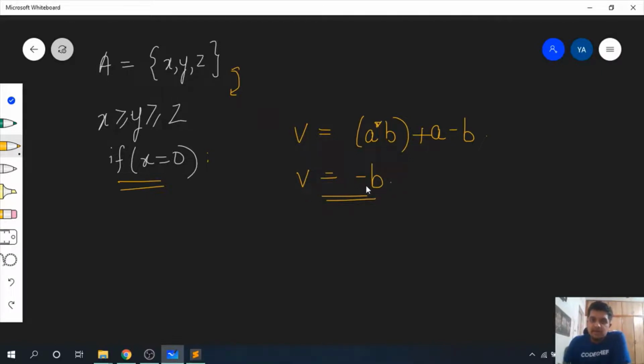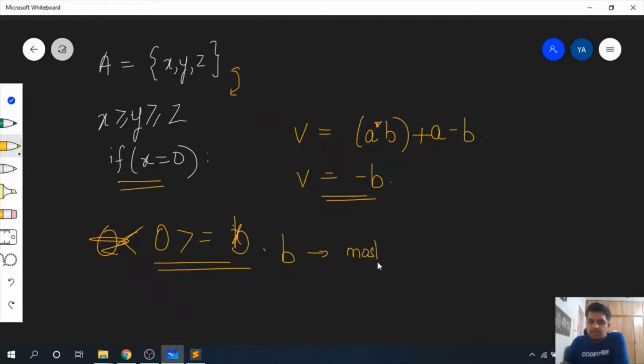Therefore what we can see from over here, that if the greatest element is 0, that means the least element will obviously be less than or equal to 0. Now we can clearly see from over here that if B is the most negative element, then we will have max value, because it is obvious that we are taking minus B over here.